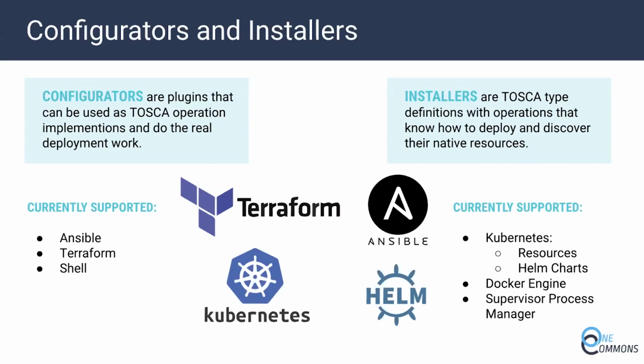But again, you're hiding that complexity, so the user doesn't have to know Terraform or get into the details there. And then on top of that, we can build these abstraction installers where these resources know how to deploy themselves in different kinds of environments, like Kubernetes or local developer environments like a Docker engine or a supervisor. It's another thing we support.